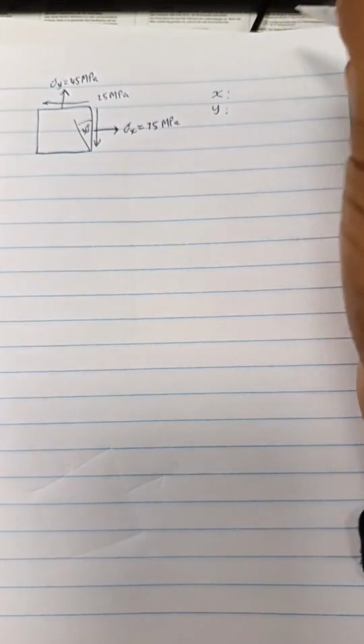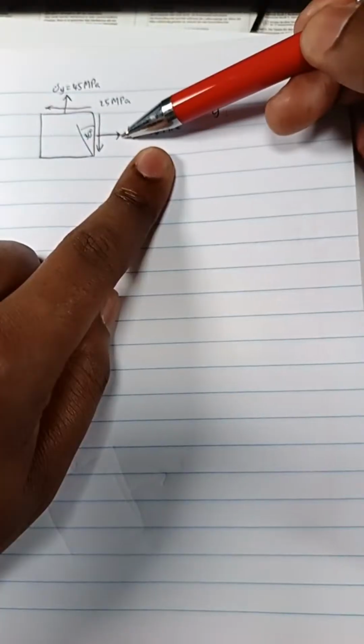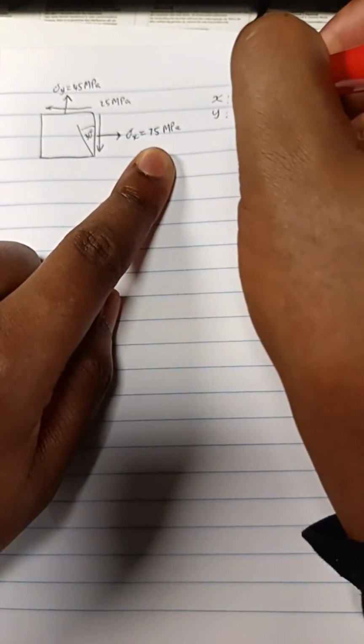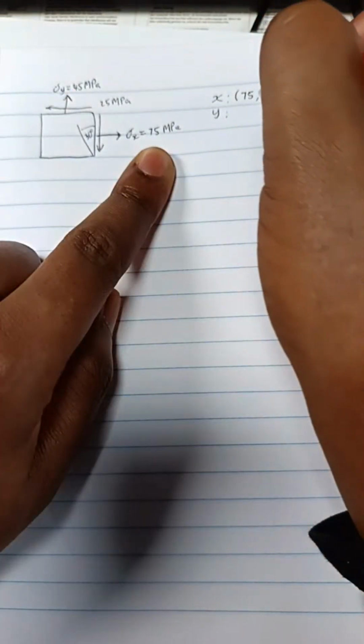Now, the first thing that you are going to do is to get the X and Y coordinates, right? So for X coordinates, I will have 75. This 75 is tensile. If it's tensile, that means it's positive. So I'll write 75, that is positive.